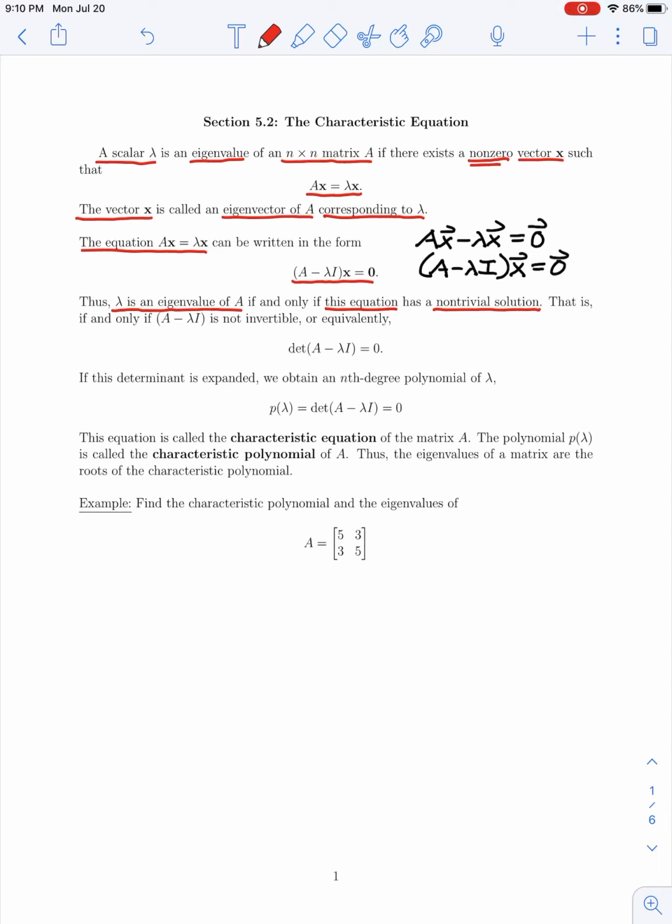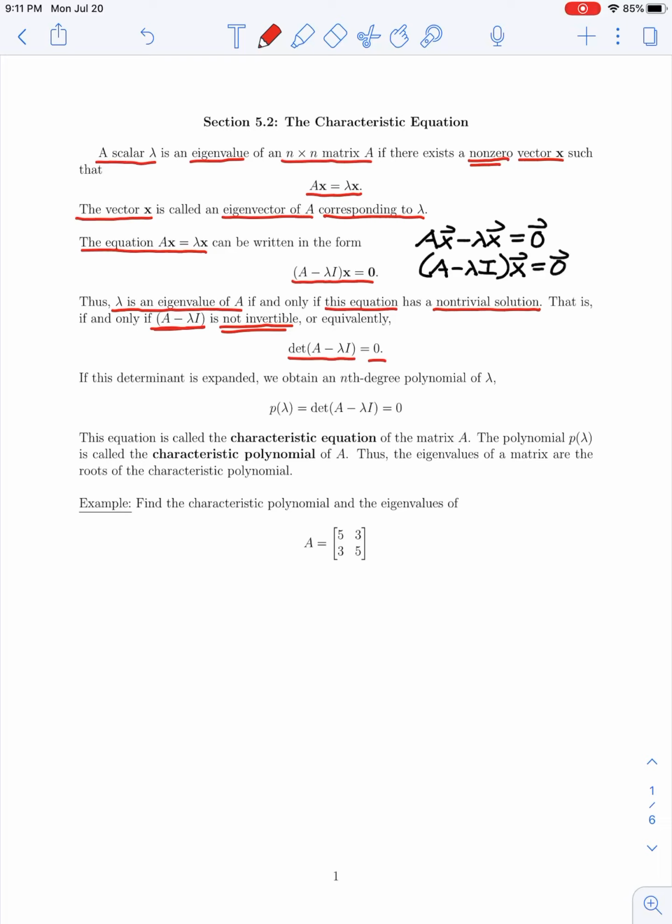Now this is a homogeneous linear system of equations, which we know will have a non-trivial solution if and only if the coefficient matrix A minus lambda I is not invertible. Our usual check for whether a matrix is invertible is whether it has a 0 determinant or not. So in order for this matrix to be not invertible, or singular, the determinant of A minus lambda I has to equal 0.